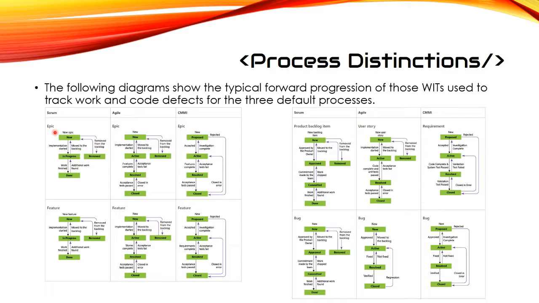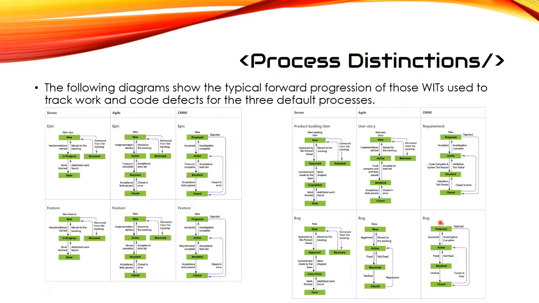If you look at the epic in any of these types of processes, you can see that they become increasingly more complex. You can watch the epic here, you can watch the feature here. You can see that across these three processes, you have a backlog item for Scrum, a user story for Agile, a requirement for CMMI, and here's your bug process.